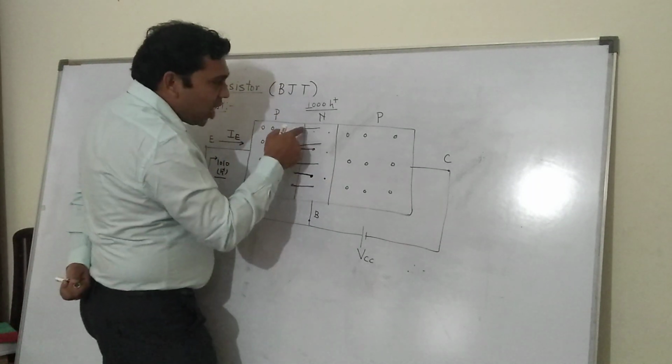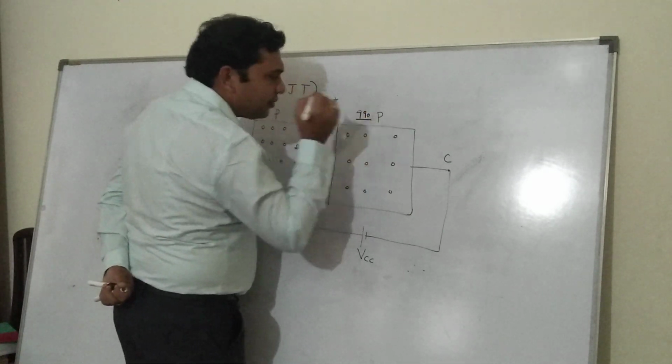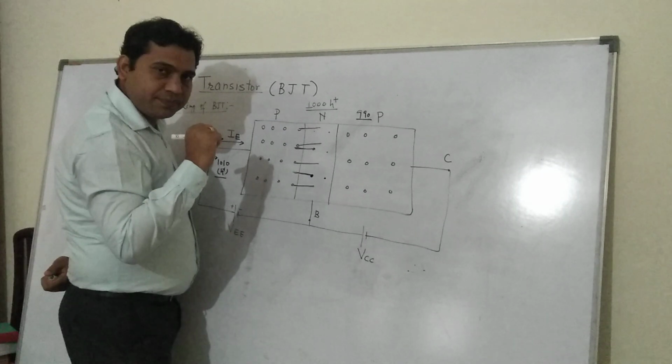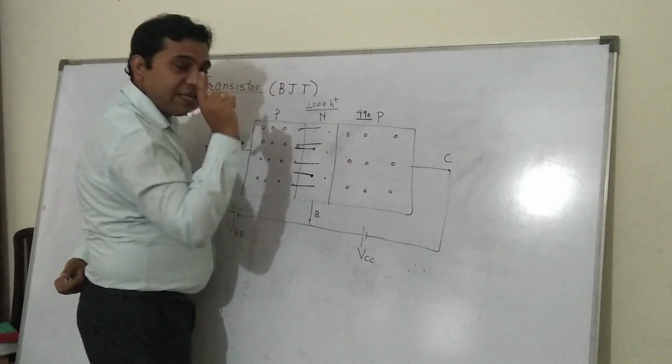So out of 1000, 990 pass directly to the collector, and only 10 get recombined here in the base region.